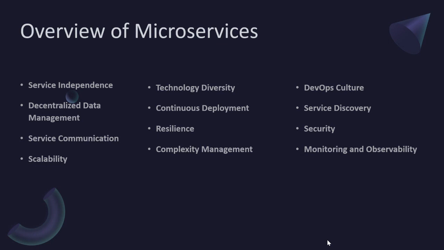The next one is resilience. In a well-designed microservices architecture, failures in one service should not bring down the entire application, right? So redundancy or failover mechanisms and graceful degradation are the key to building these microservices.